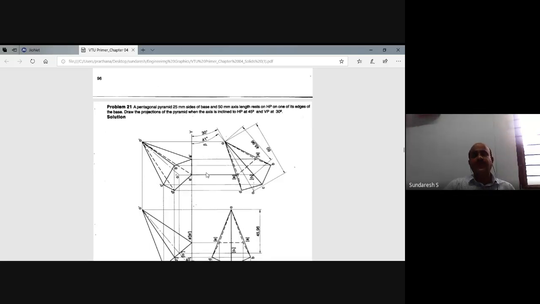When I was discussing the prisms problem, I think I explained how we have to consider the problem when the axis of a solid is inclined to both HP and VP. This is that problem. The axis of the pyramid is inclined to both HP and VP, at 45 degrees to HP and 30 degrees to VP.